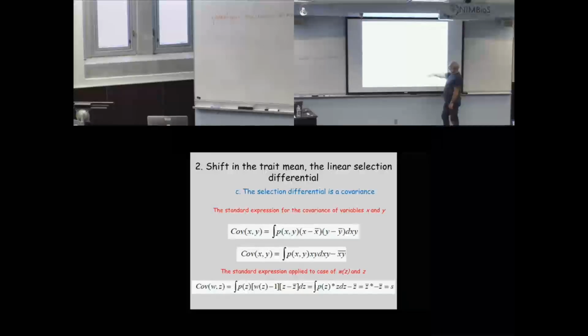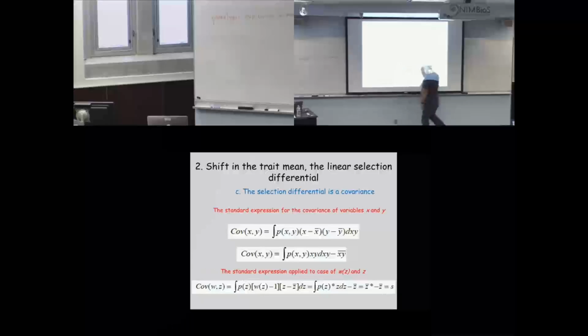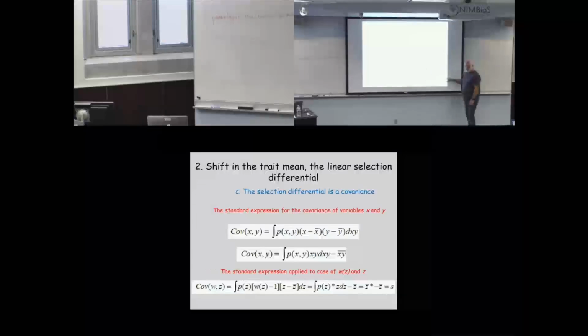True fact. And this form is often used in the literature, but you can readily derive it. Okay, so those are two equivalent expressions for the general covariance between variables x and y, and now we'll apply them to the case we're interested in, because our claim is that the covariance between relative fitness and trait values is going to equal the selection differential.